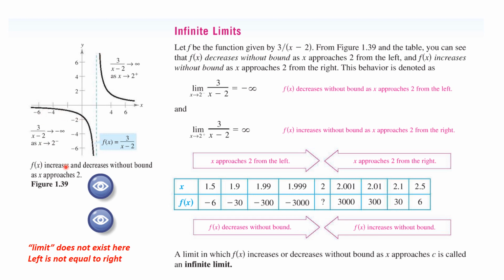And as we approach 2 from the left, this goes down and down. It decreases without bound. Now that means that this limit will be called infinity coming from this side. This limit coming from this side will be called minus infinity. But the limit doesn't exist here because the left is not equal to the right.